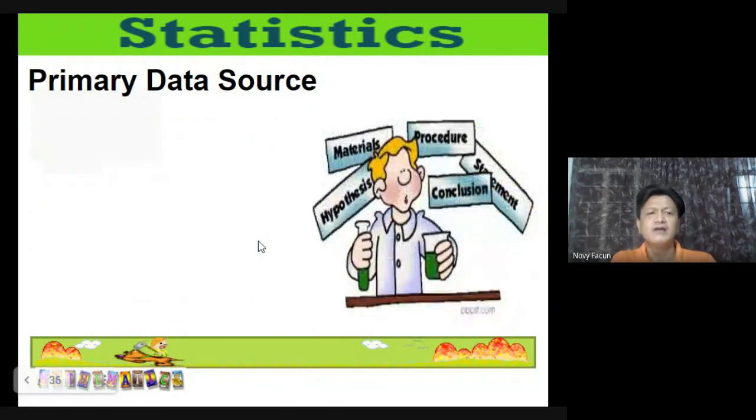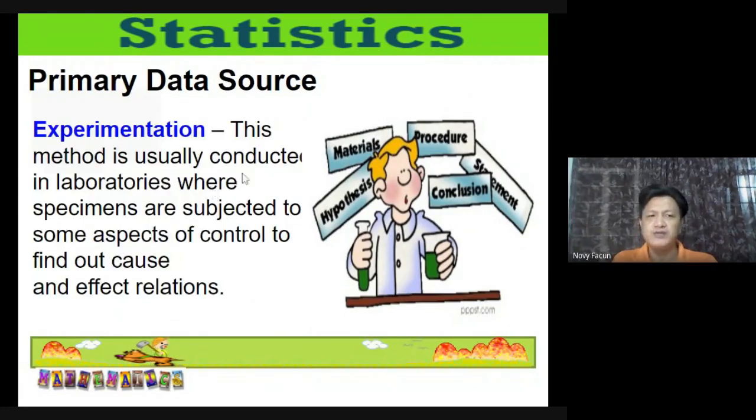And with that, so, meron tayong tinatawag na experimentation. This method is usually conducted in the laboratories where specimens are subjected to some aspects of control to find out cause or the effect. I mean, the effect of the relationship. Ibig sabihin nito, dito sa experimentation na ito, so the physicists and the chemists make use of the experimentation method in gathering data.